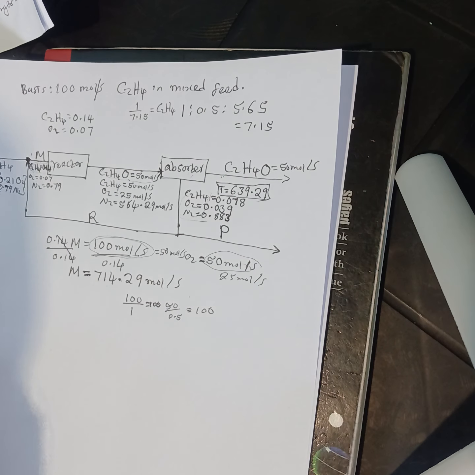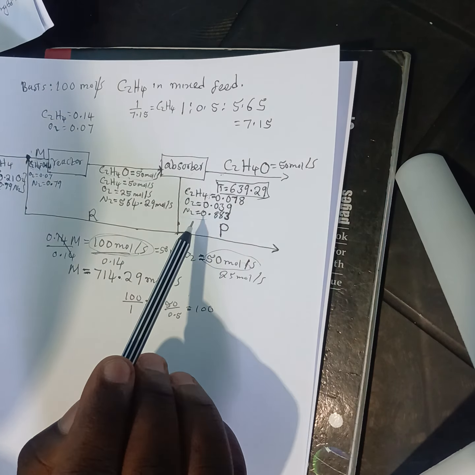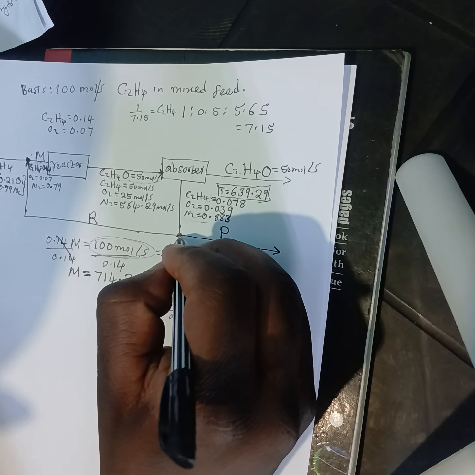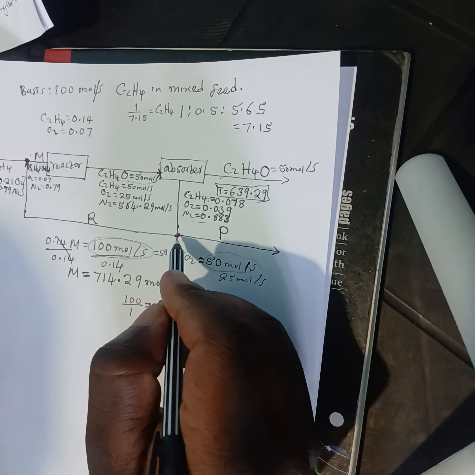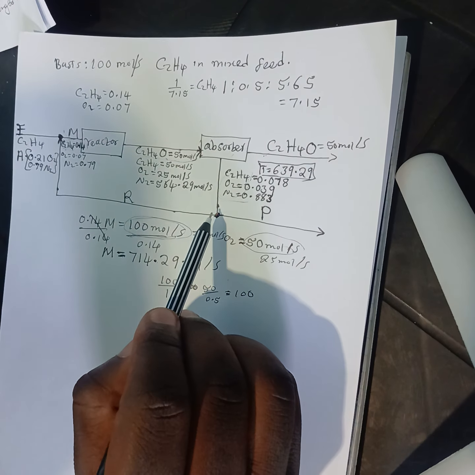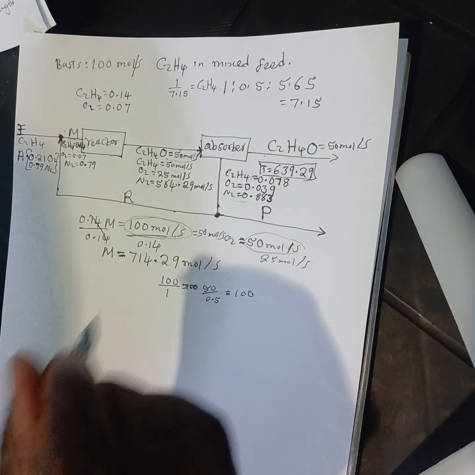That's the composition. So now you should know to say when this product reaches this point, this is a separator here. Maybe, yeah, it's a separator, definitely. It can be a separator or a splitter, any of the two. We're not told in the question.